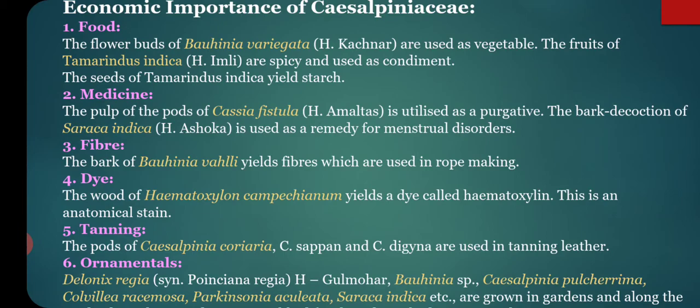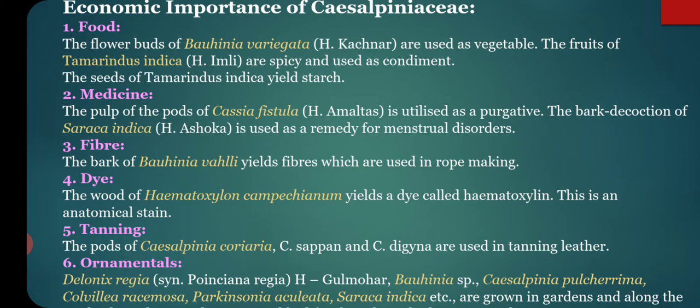The fruits of Tamarindus indica are spicy and used as condiment. Also the seeds of Tamarindus indica yield a starch, and it may be used as cattle feed also. You can write that point also.